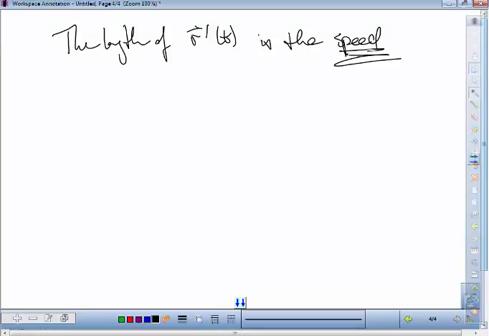Now, when you guys used to do these projectile problems in Calc 1, maybe Calc 2, you toss a ball up in the air and you figure out how fast it's going. The velocity vector told you the speed.